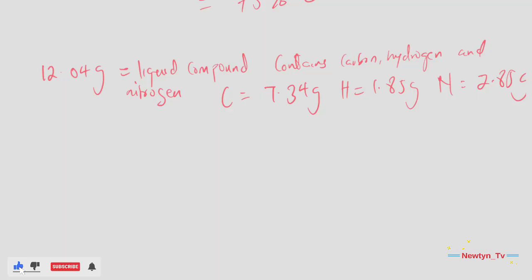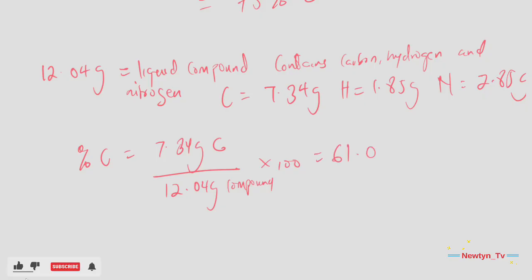For the C, percentage of carbon will be the mass of carbon, which is 7.34 grams of C, divided by the total mass of the compound, 12.04 grams, then you multiply by 100%. Now when you do this, you should get 61.0%.